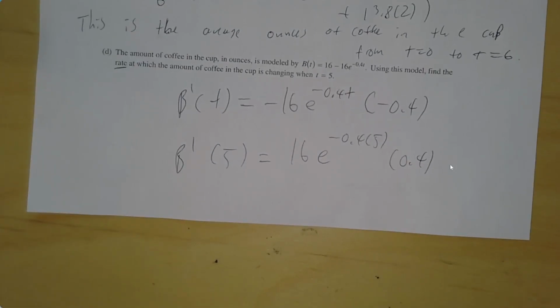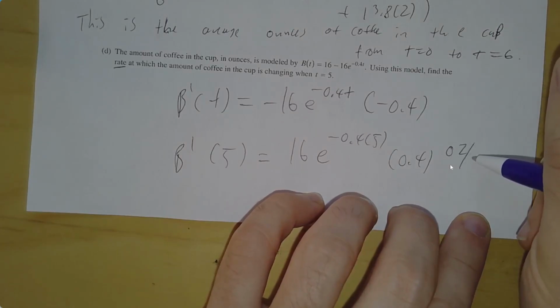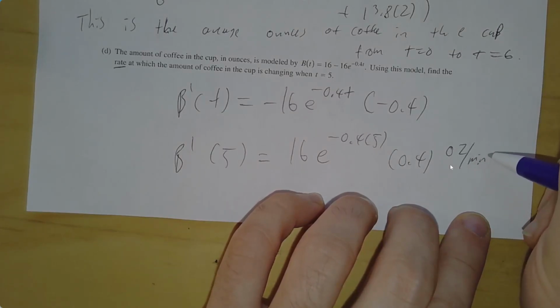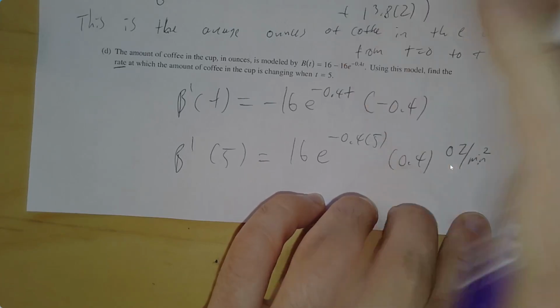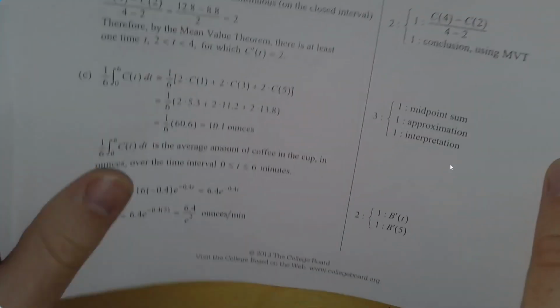It doesn't say to specify the units, but the units would be ounces per minute squared, assuming that all the units were the same, because it's the rate of a rate.